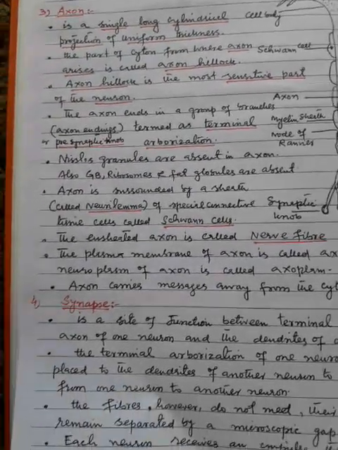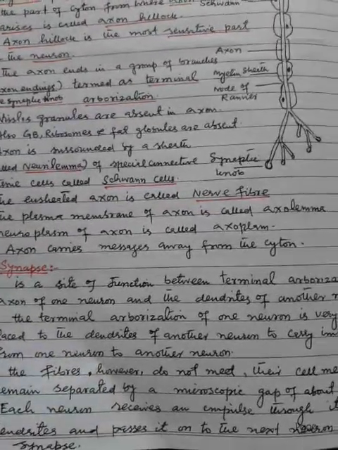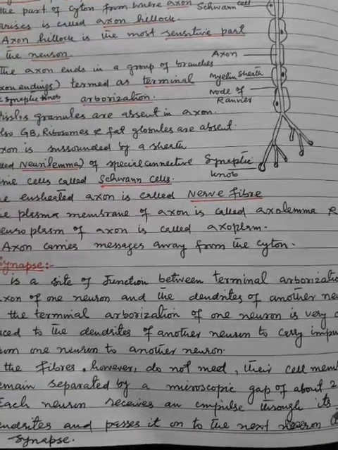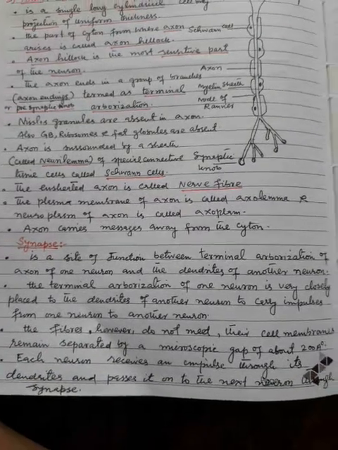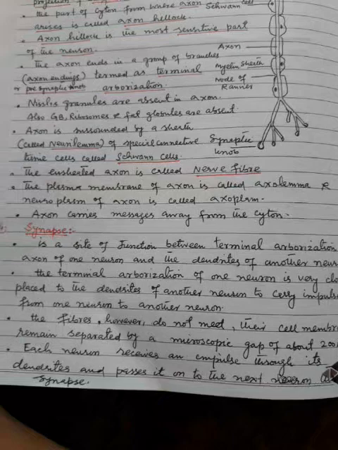Now the fourth part of the nerve cell, that is synapse. Synapse is a site of junction between the terminal arborization of the axon of one neuron and the dendrites of another neuron.